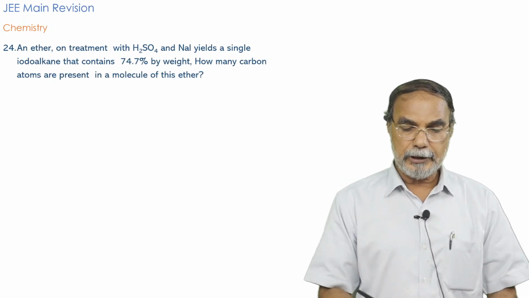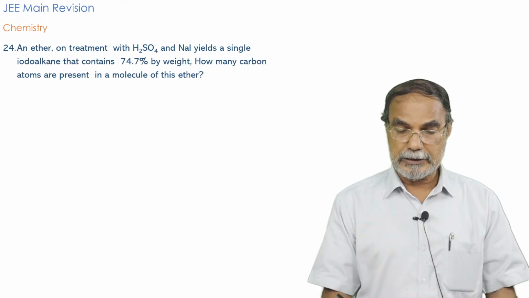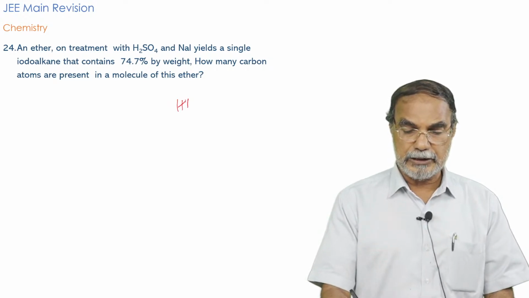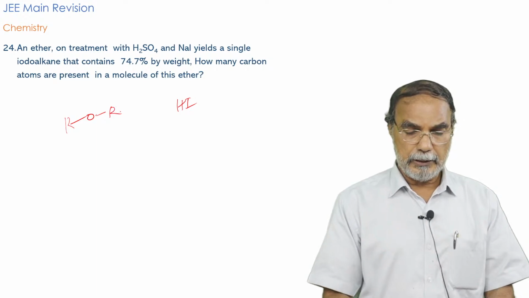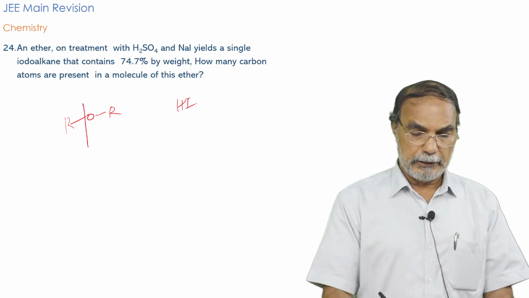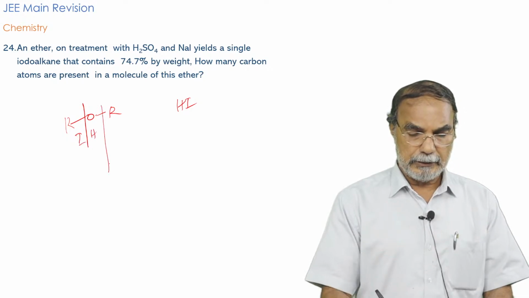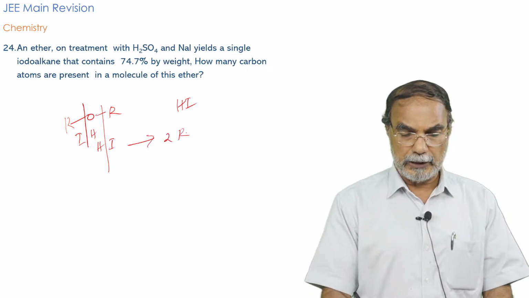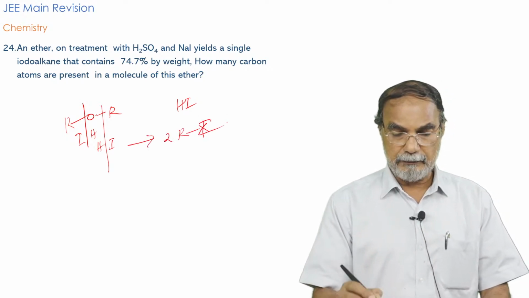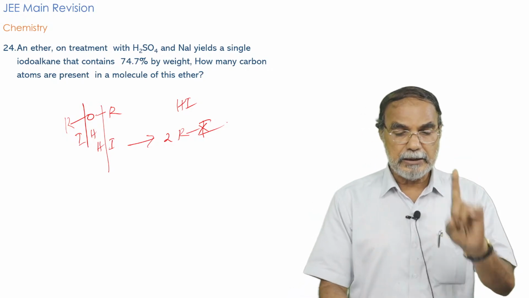Ether on treatment with sulfuric acid and sodium iodide. Sulfuric acid and sodium iodide means it will give HI. And the ether will undergo cleavage like this, HI at this part and HI at that part, so that you will get 2 molecules of RI. But what is given is that you get only a single alkyl iodide.